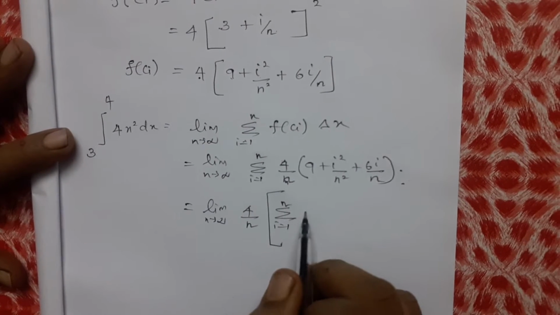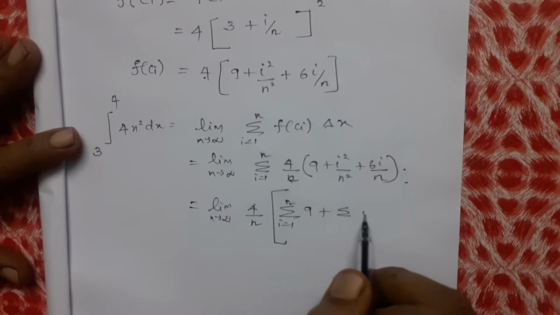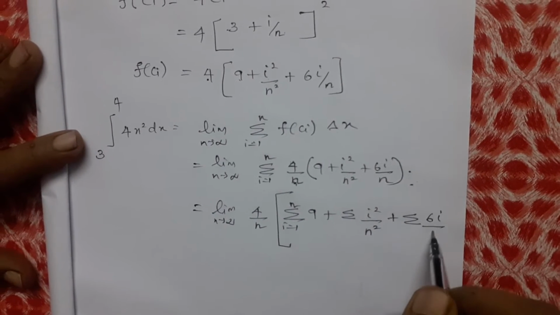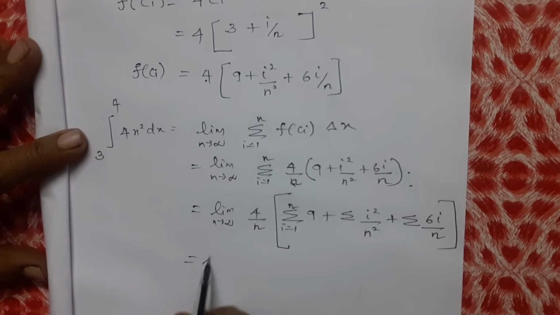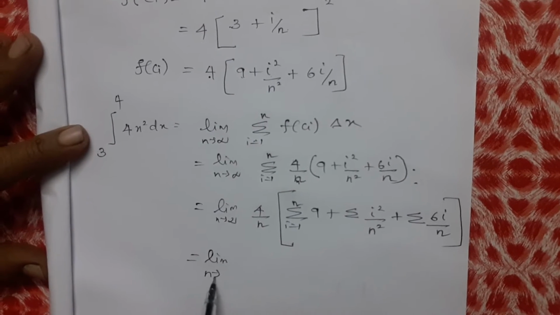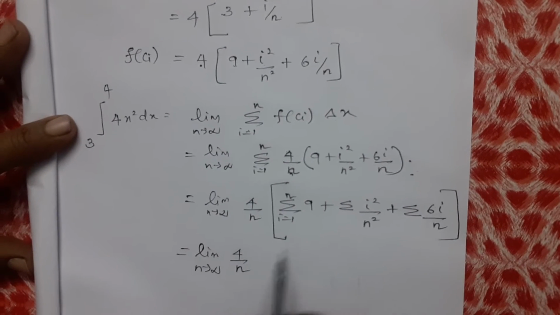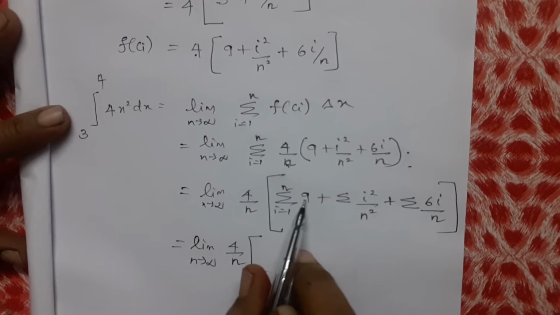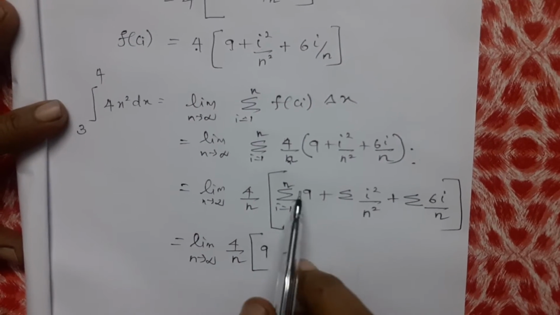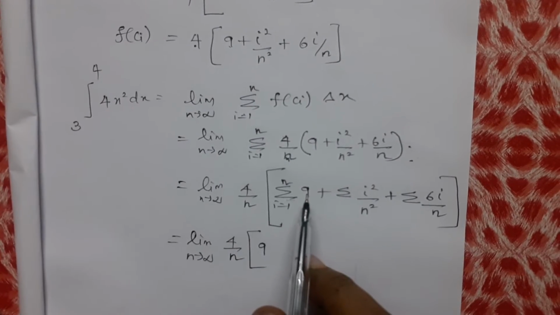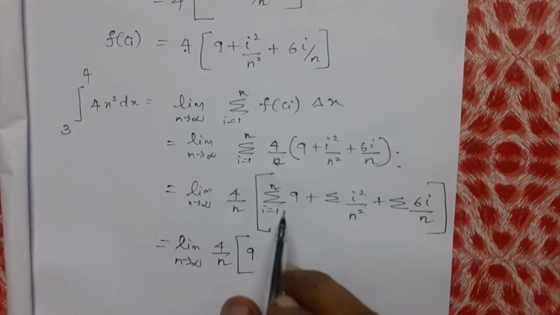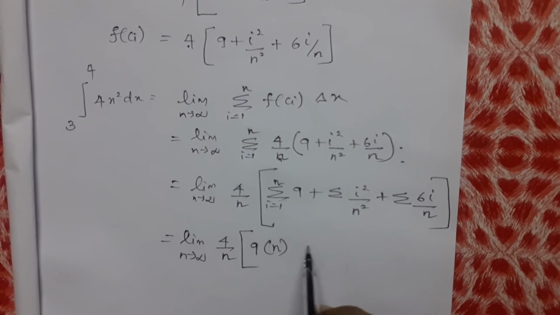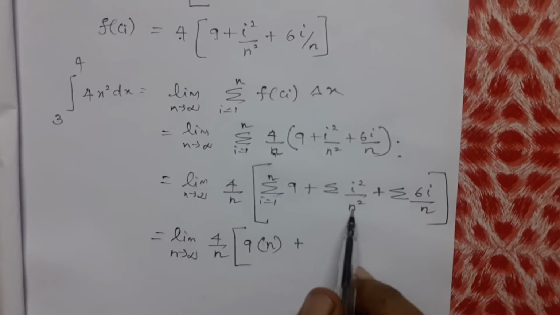So summation 9 plus summation i square by n square plus summation 6i by n. Here 9 can be taken outside, 9 is nothing but 9 into 1. Summation 1 is nothing but n, because we are adding n times, similar to the previous case.